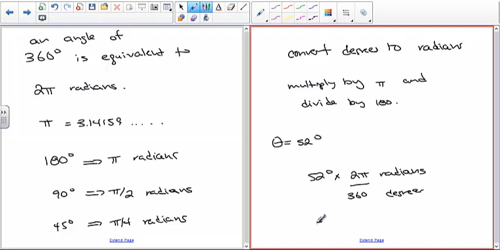So we'll go ahead and use the simplified version here. So you have 52 degrees times 2 pi divided by 360. And if you want to convert pi to a decimal, or just use that pi on your calculator, so if I take 52 times 2 times pi, which is 3.14159, divided by 360, I'll get 0.907 radians.